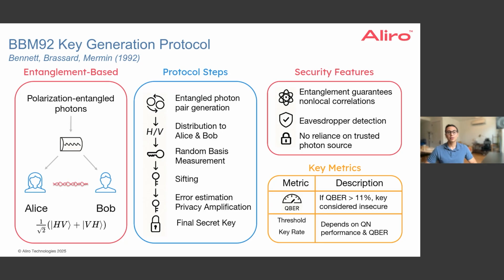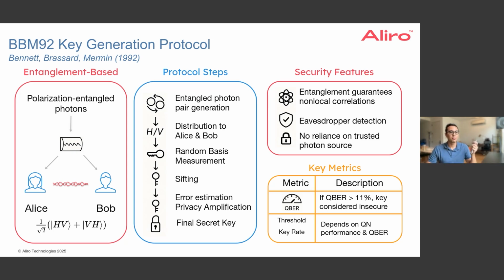Now, even when Bob and Alice measure in the same basis, in an ideal scenario, if there's no noise, if it's a perfect state, a perfect system, perfect measurement apparatus, they should, with certainty, know what the other party measured, right?